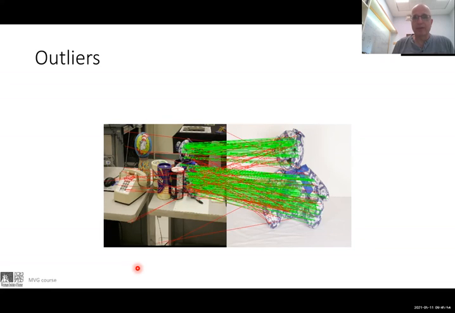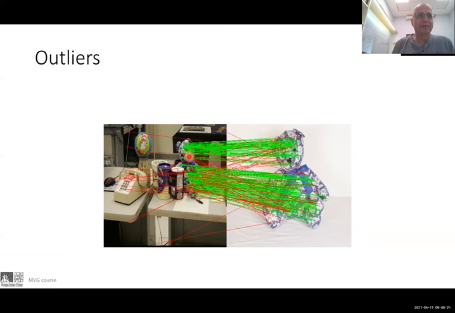I think we talked in one of the previous classes about SIFT, basically a method to match between points in images. And we said that it was based on some local measurements around the point. And naturally, you expect many outliers. In this case, you have the scene that contains this teddy bear.